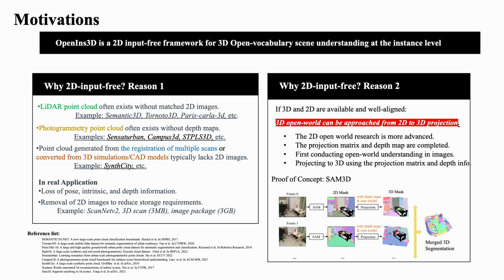A proof of concept has been done in the work SAM3D, which uses SAM to learn instance masks in posed images and projects the result to 3D space. In conclusion, we believe a 3D open-world model should ideally work without the need for corresponding 2D images.